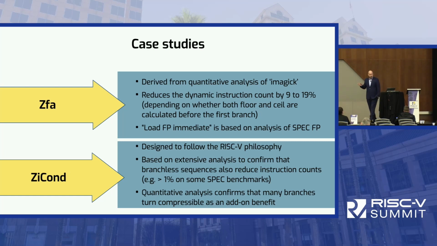The other aspect of this is really going into the load FP immediate. This is another big topic that's coming out of CFA. And we actually have a very small load FP immediate, one that has very few bits in order to load those immediates, based on looking at large quantities of code, because it turns out people don't really want to load random immediates into their floating point registers.